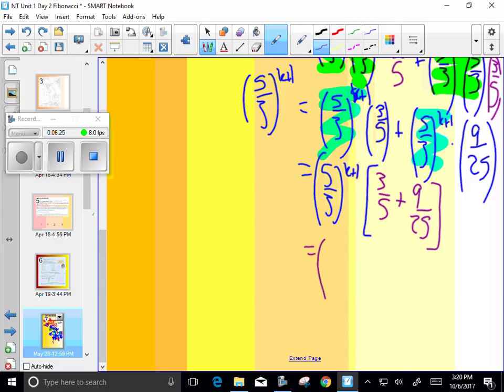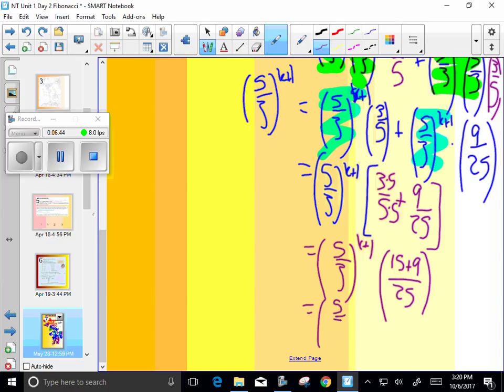And so we're going to have (5/3)^(k+1) times, let's get the common denominator of 25ths here, we'll get 15 and 9 over 25, or (5/3)^(k+1) times 24/25.